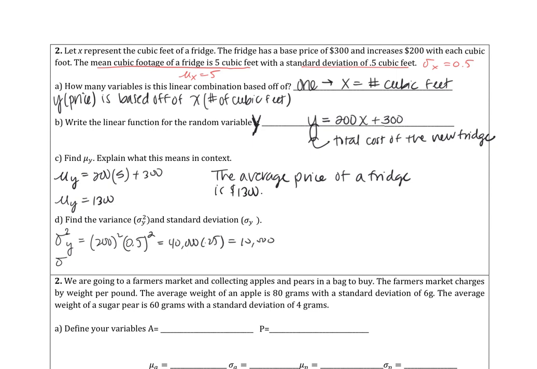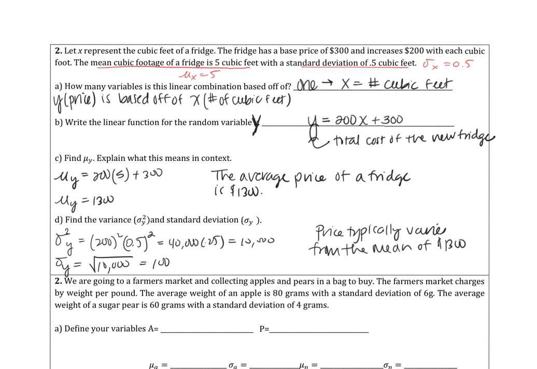And to find the standard deviation of Y, we take the square root of that, which is $100. So price typically varies from the mean of $1,300 by $100.